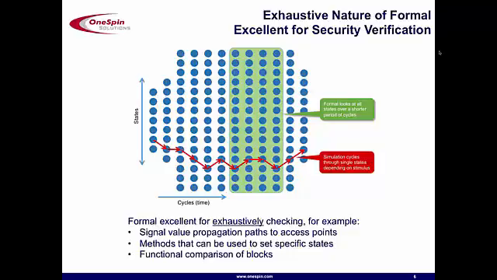So there are really three things that formal is particularly good at, which can be used very effectively for security analysis. Firstly, signal propagation is a key aspect for security: trying to get some aspect of the device, a signal, something like that, to propagate to some access point, be it an output pin, an unexpected write to a memory on the device, or some other thing like that.